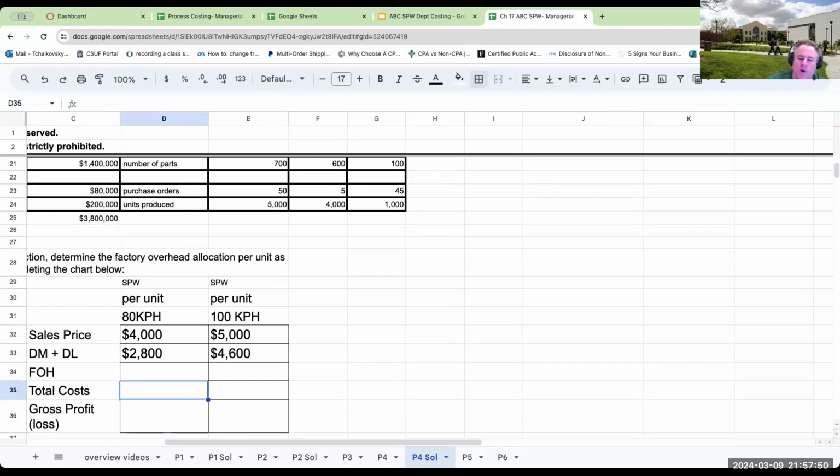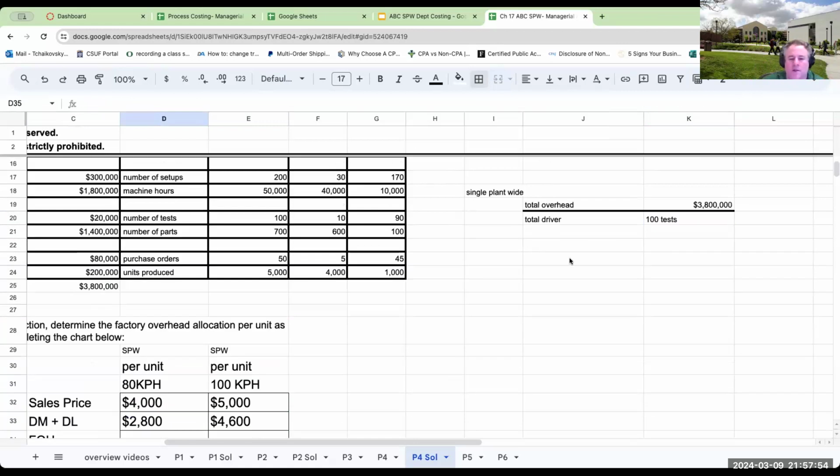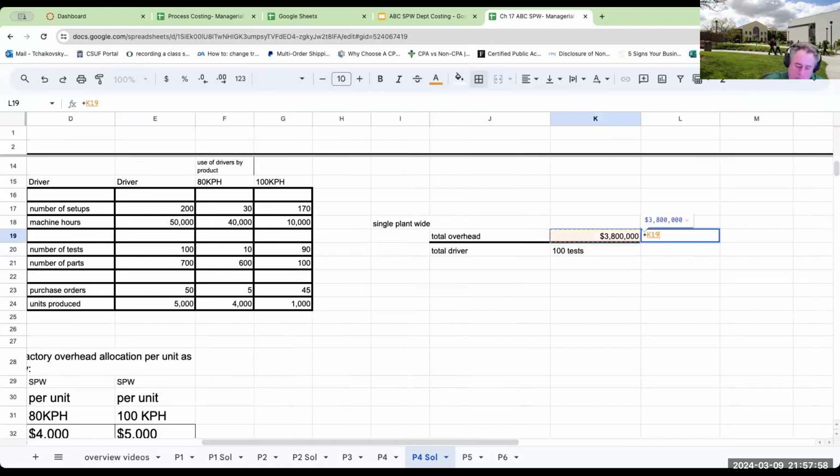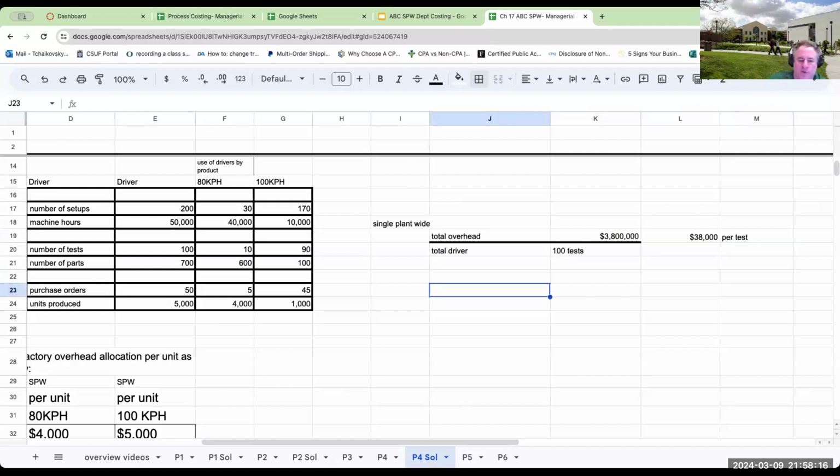Total cost of a product is materials, labor, and factory overhead. So let's come over here. If I have 3.8 million divided by 100, this is going to be $38,000 per test. Okay. So the way I'm going to allocate this 3.8 million is based on tests. So I have two products.